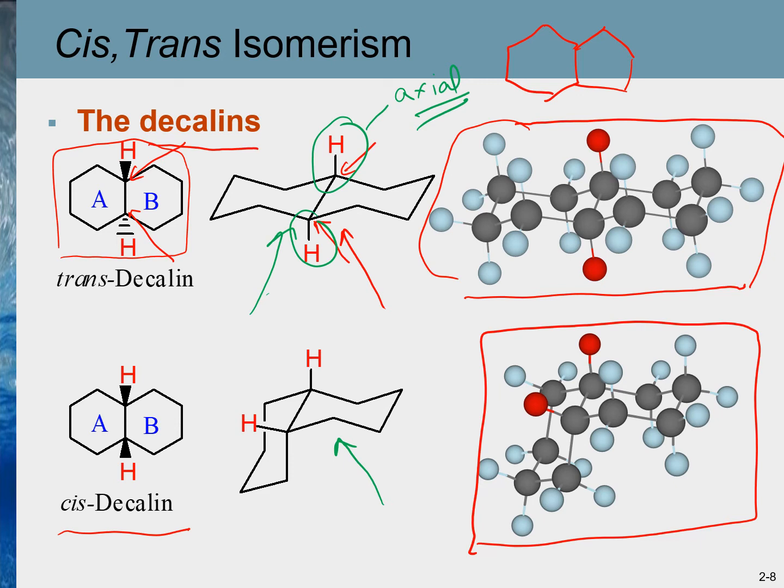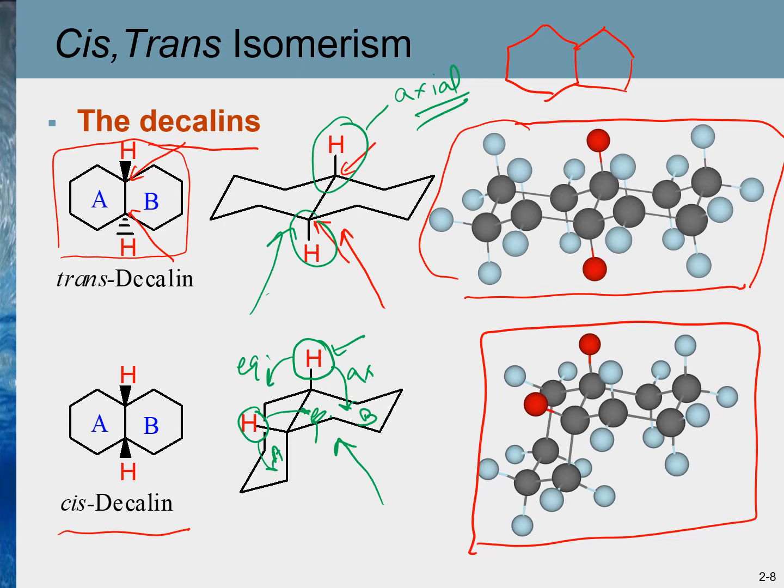On the other hand, if we look at the cis decalene, we'll see that this hydrogen is axial to ring number B, and this hydrogen is axial to ring number A. However, this hydrogen is at equatorial position to A, and the other hydrogen is at equatorial position to B. So in other words, in cis decalene, each hydrogen is axial to one ring but equatorial to the other ring.